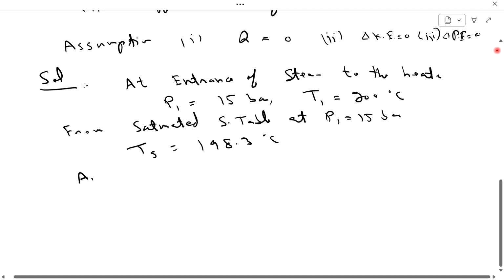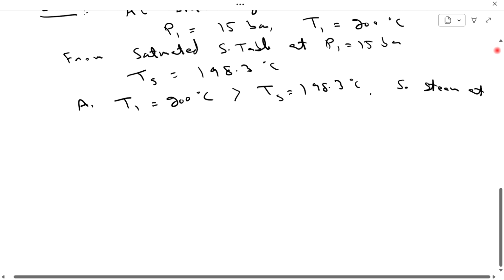As T1 equal to 200 degrees centigrade is greater than the saturation temperature of 198.3 degrees centigrade, the steam at entrance is in the superheated region.